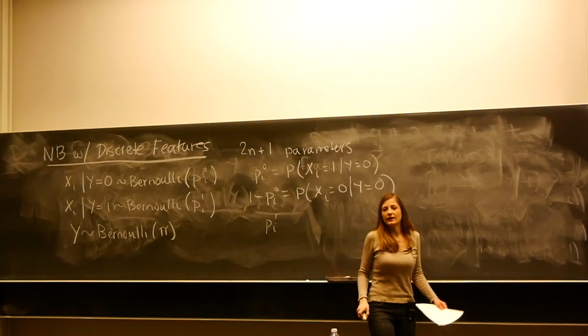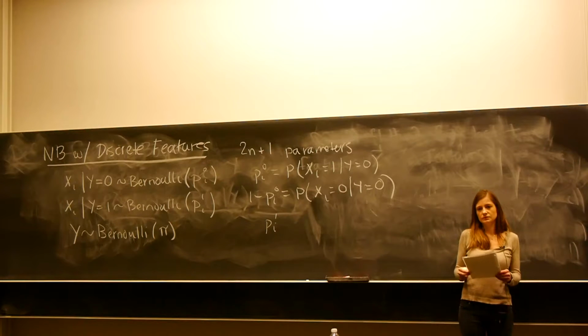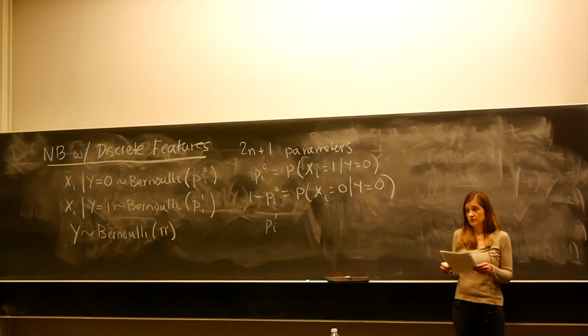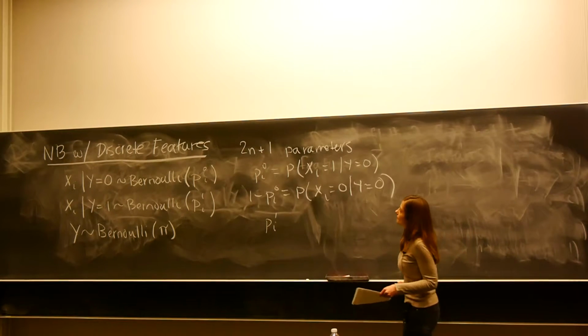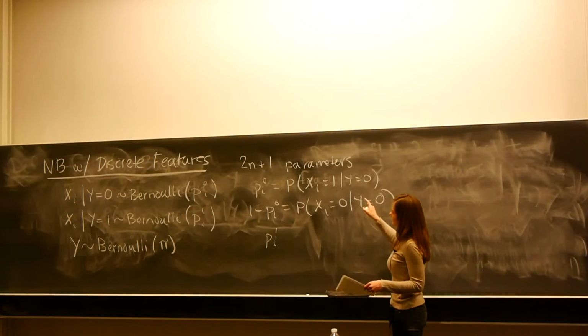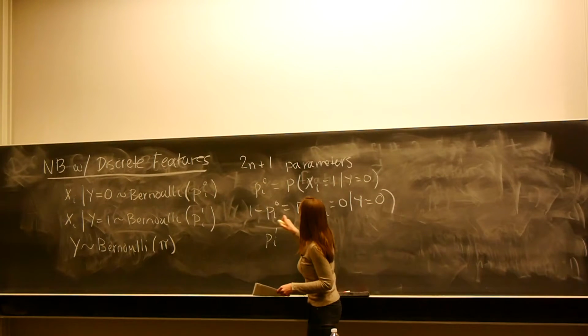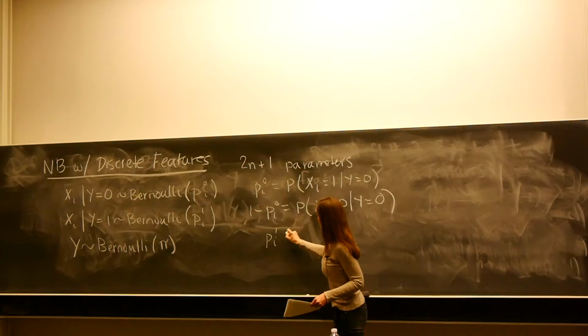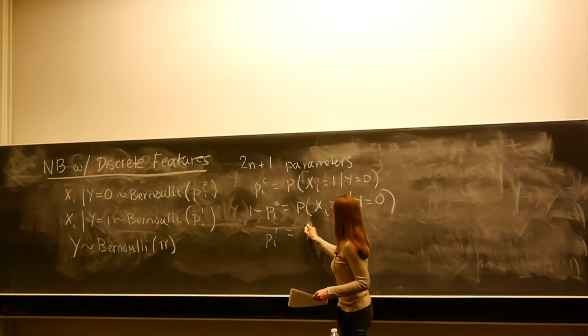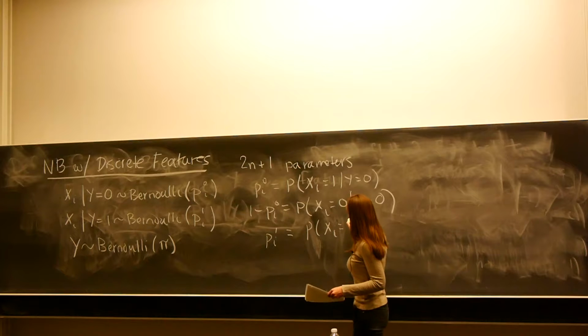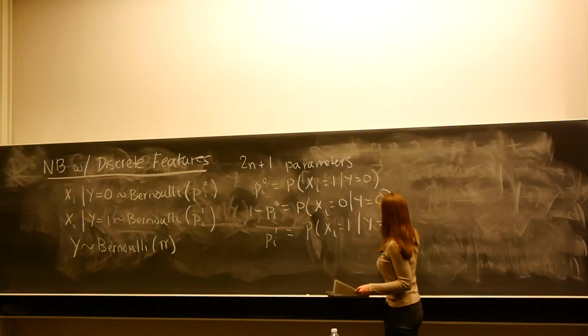And that's why we have these two n parameters. Basically, all I'm saying is that pi1 is the probability that xi equals 1 given y equals 1.